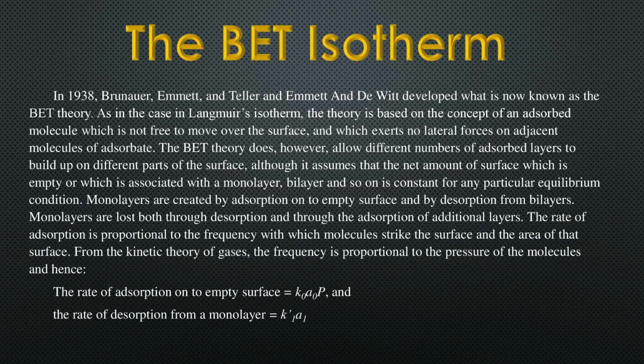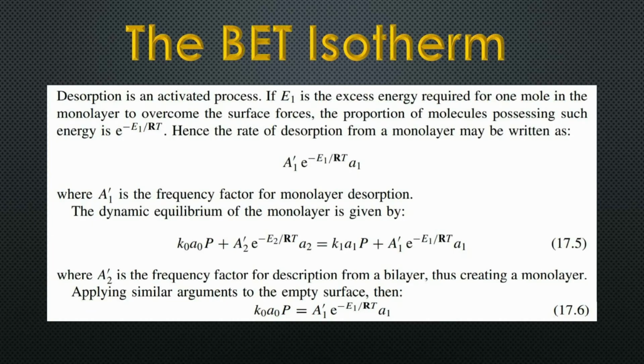Monolayers are created by adsorption onto empty surface and by desorption from bilayers. From the kinetic theory of gases, the frequency is proportional to the pressure of the molecules. Desorption is an activated process. If E sub 1 is the excess energy required for 1 mole in the monolayer to overcome the surface forces, the proportion of molecules possessing such energy is e raised to negative E sub 1 over RT.